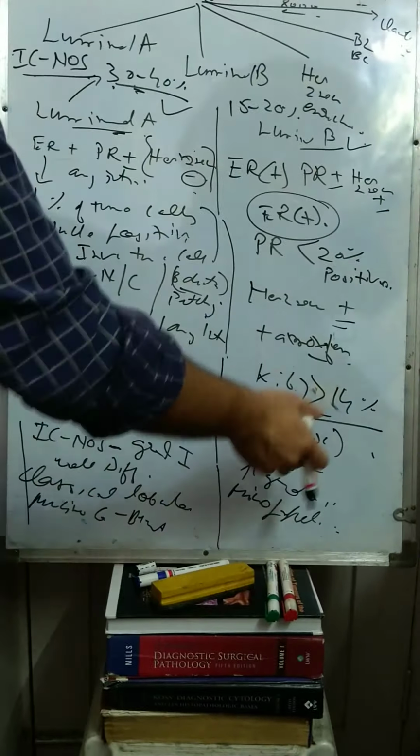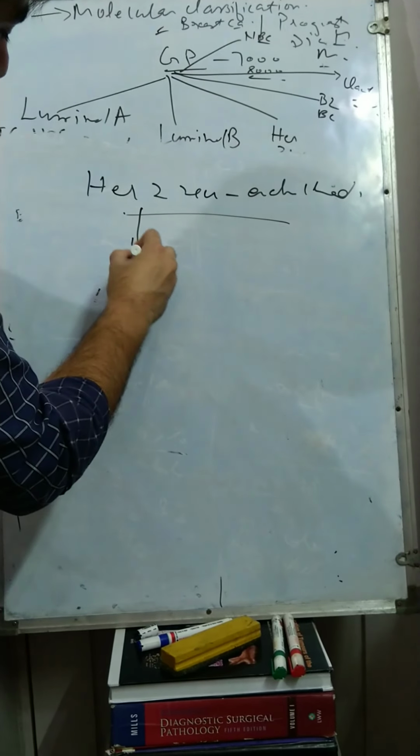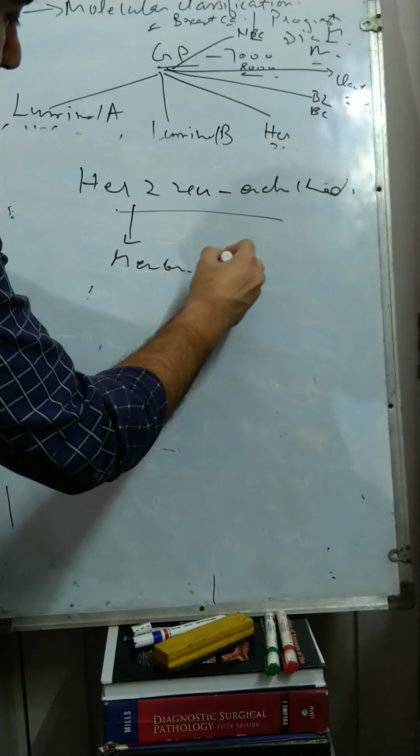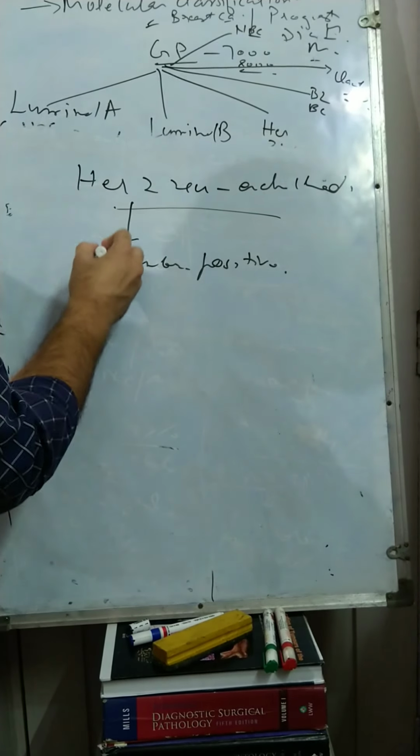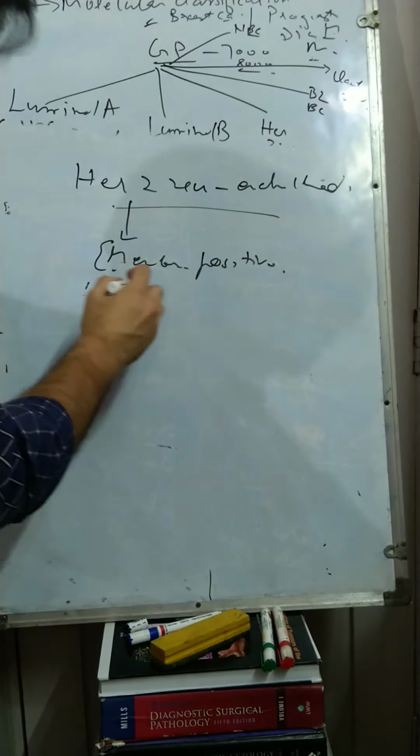Now coming to our third subtype, that is HER2 neu enriched. So overexpression of HER2 neu. Mind you, HER2 neu is membrane positivity because it's a membrane protein, and the cutoff is 10%: 10% full membrane bright positivity, only then you will call it HER2 positive.